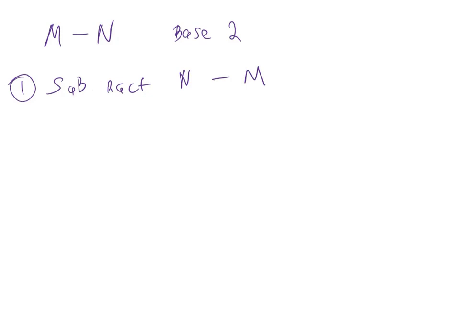The first situation is when m is greater than or equal to n. In this case, no end borrow occurs. We don't borrow from the n, and the result is non-negative.